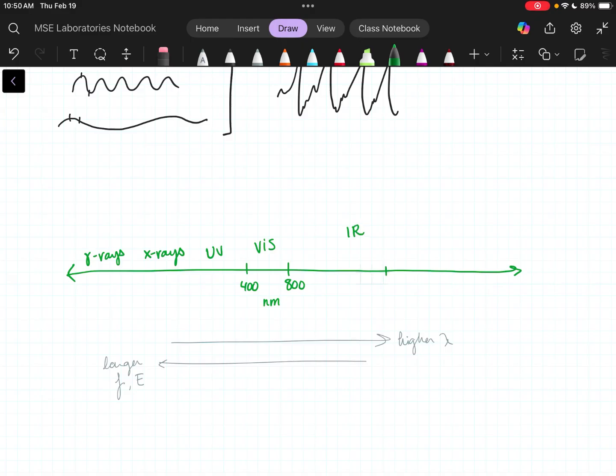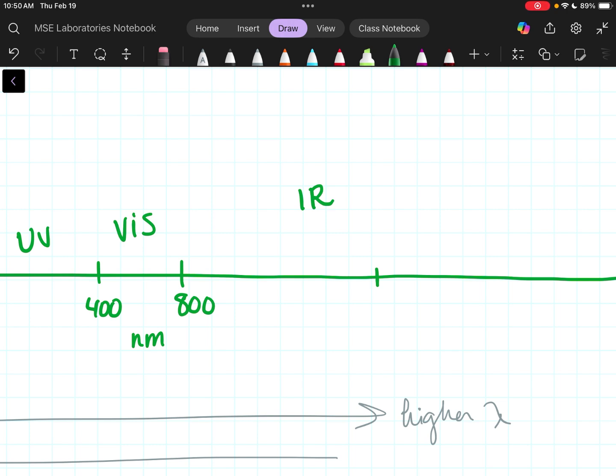Yes. On the right-hand side, the next step higher than visible light is going to be infrared. Infrared, and that's kind of what we care about today, is split into 3 sections.